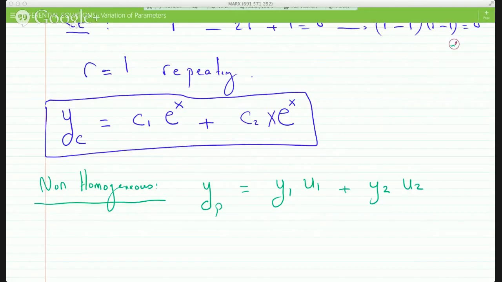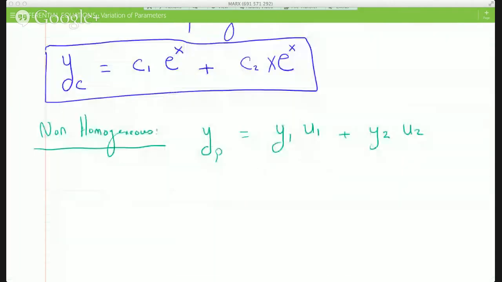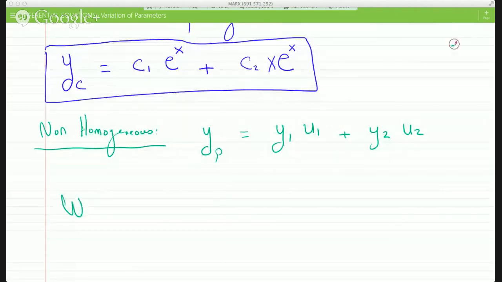So we can get the Wronskian of the complementary solution first. So we do W equals, and that's for the complementary solution. So we have e to the x, and we have x e to the x, right?